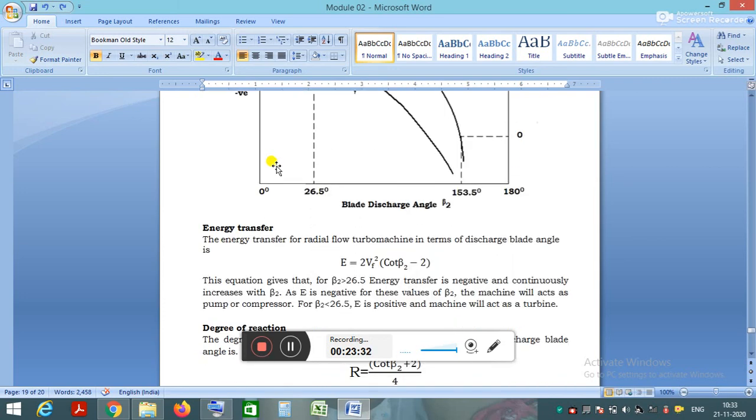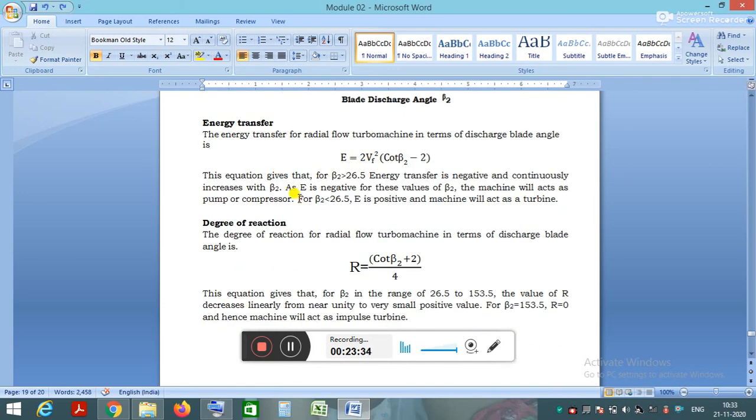Okay, similarly in the degree of reaction also, for any value ranging between 26.5 to 153.5, the degree of reaction decreases and it becomes equal to 0 at 26.5 degrees.